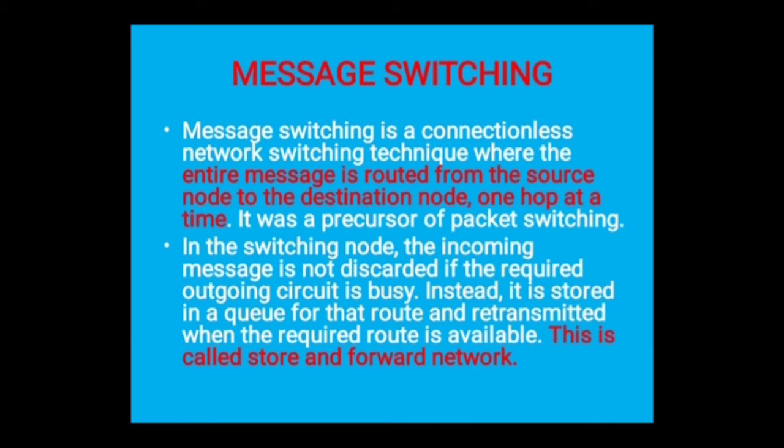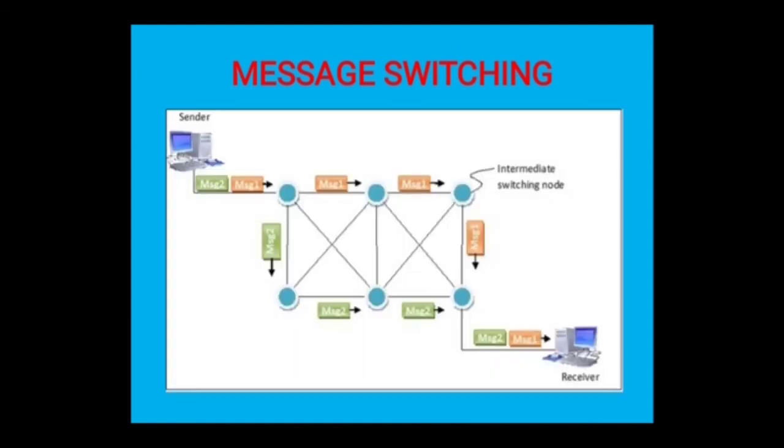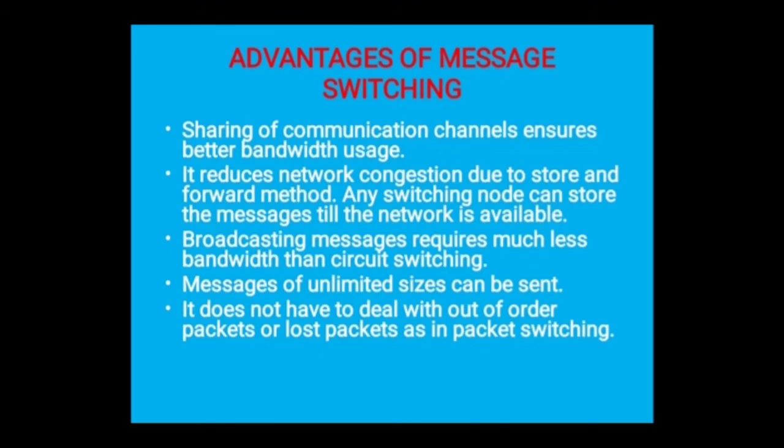In the switching node, the incoming message is not discarded if the required outgoing circuit is busy. Instead, it will be stored in a queue. This technique will not discard your message, but it will store and then forward it. So these are some examples of what message switching is. Now advantages of message switching. Sharing of the communication channels ensures better bandwidth usage.